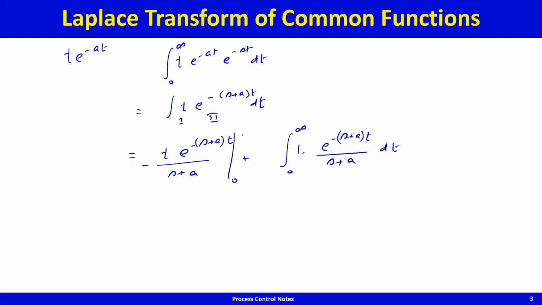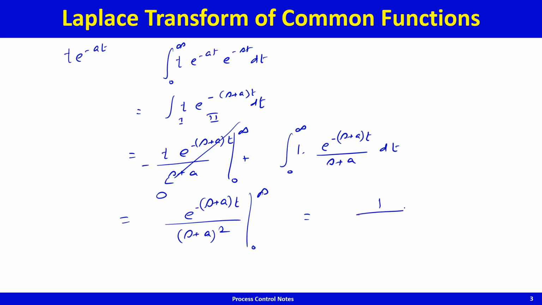The limits here are 0 to infinity, and so the first term will go to 0, and the other gives us e to the power minus (s plus a)t divided by (s plus a) whole square, 0 to infinity, and that turns out to be 1 over (s plus a) whole square.